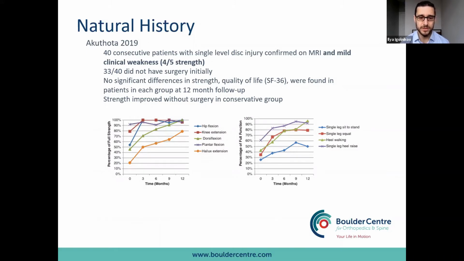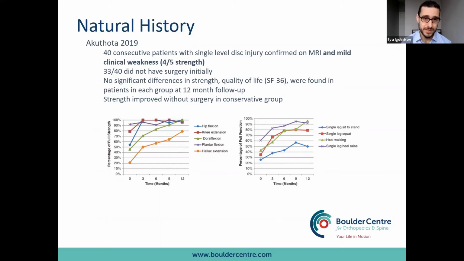But this is a pretty groundbreaking study that showed that even if you have a little bit of weakness, which we as physicians grade on a 5-point scale, so if you have 4 out of 5 strength, you don't necessarily need surgery. Even these patients, who are often considered surgical candidates right off the bat, can get away with trying conservative care.